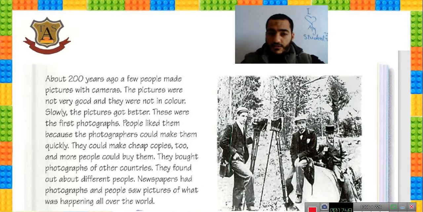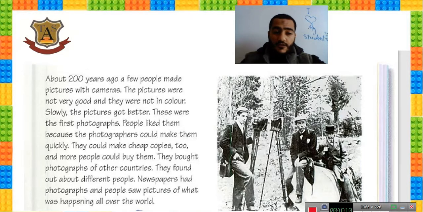People liked them because the photographers could make them quicker than the paintings, of course. They could make cheap copies, and more people could buy them.